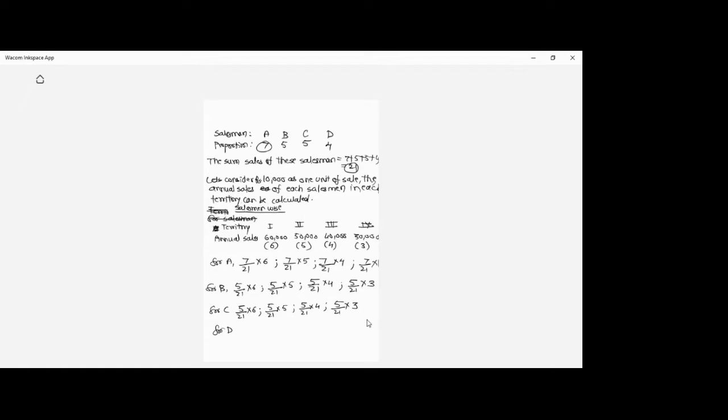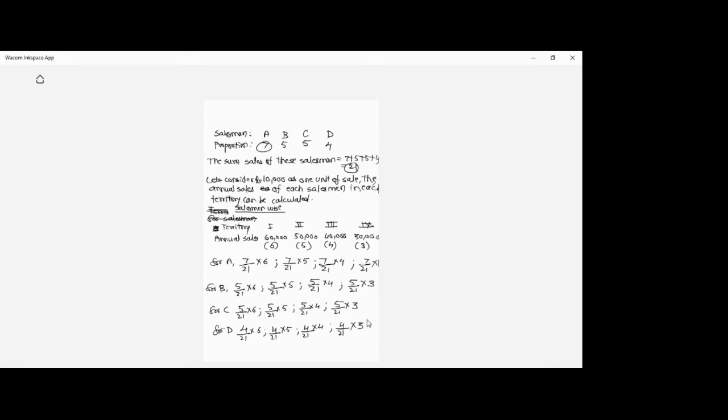For D, it is 4 proportion of 21, so 4 by 21 into 6, 4 by 21 into 5, 4 by 21 into 4, and 4 by 21 into 3.